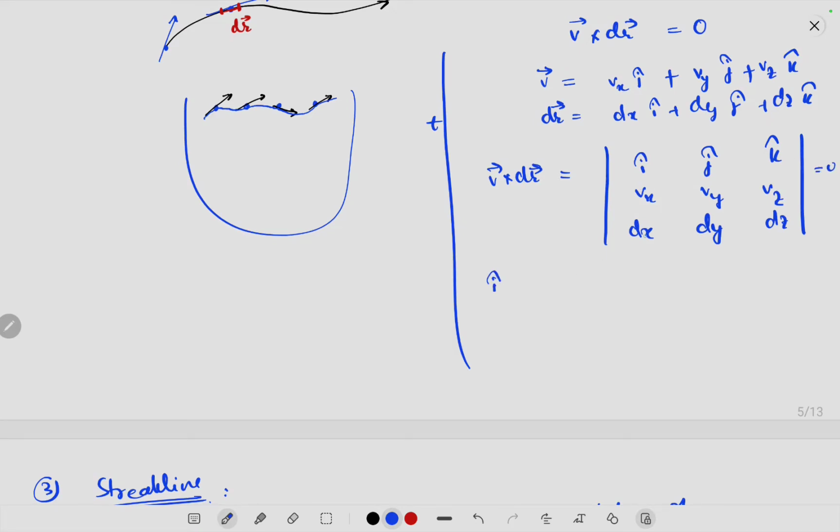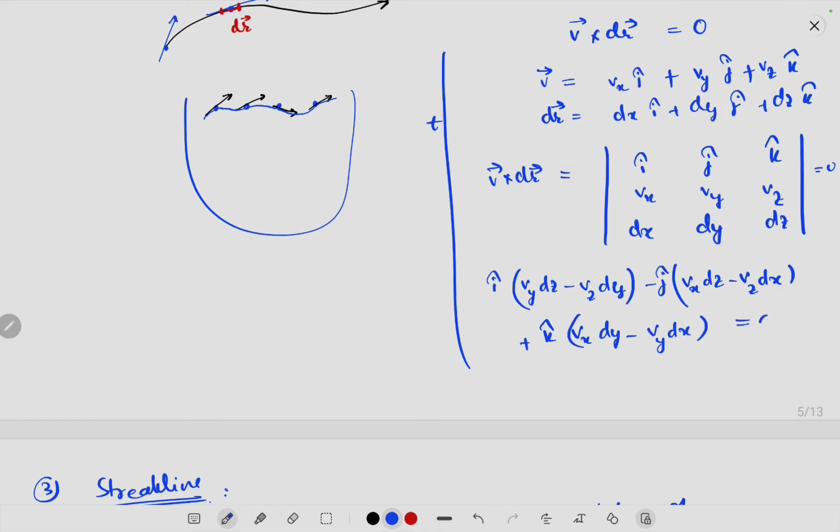So I can open this: i hat (vy dz minus vz dy) minus j hat (vx dz minus vz dx) plus k hat (vx dy minus vy dx). This will be 0.